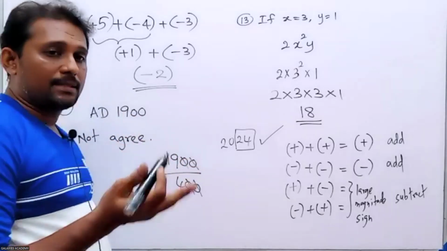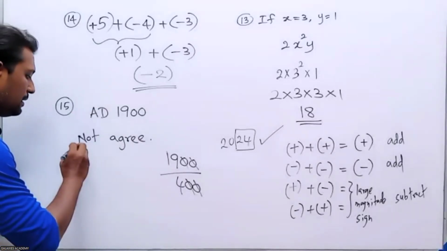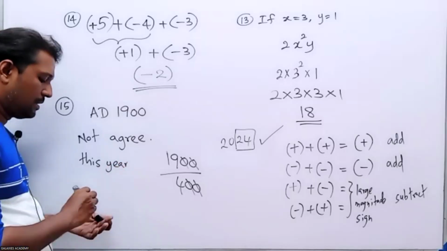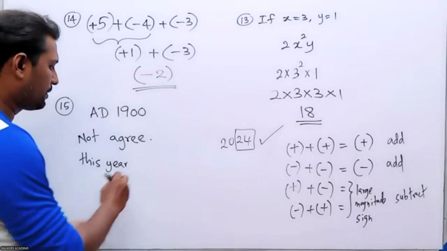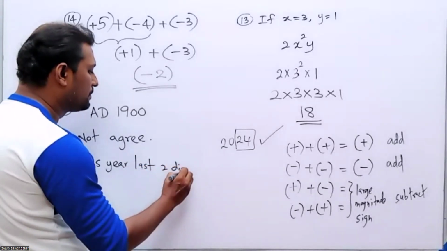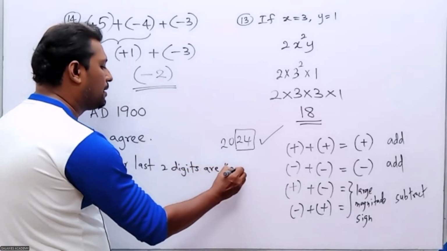You have to give the reason, right? Explain this one. Then you can write: this year's last two digits are 00.